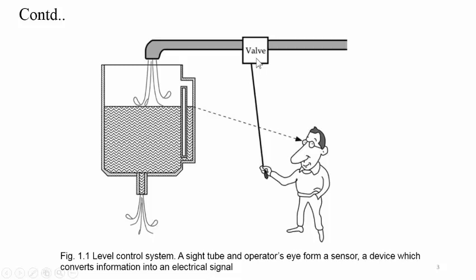So the operator's eyes are nothing but a vision sensor, responsible to check the water level, and his brain is nothing but the controller, who will give the command to his hands either to turn on or to turn off the valve, that is, to control the flow of liquid which is pouring in the tank. So this is the complete system with the help of an operator. Now the eyes work as a sensor and the hands are like an actuator.